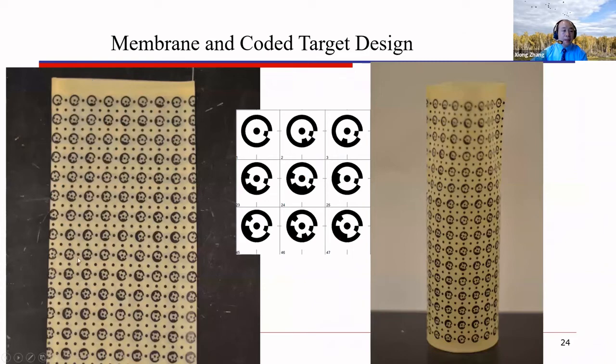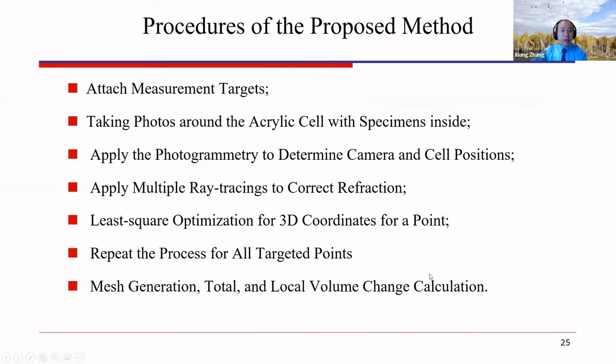So this is the membrane we use for the test. Each point is specially designed, and our computer program can automatically recognize the points. Okay, so the procedure is very simple, as I talked about previously.